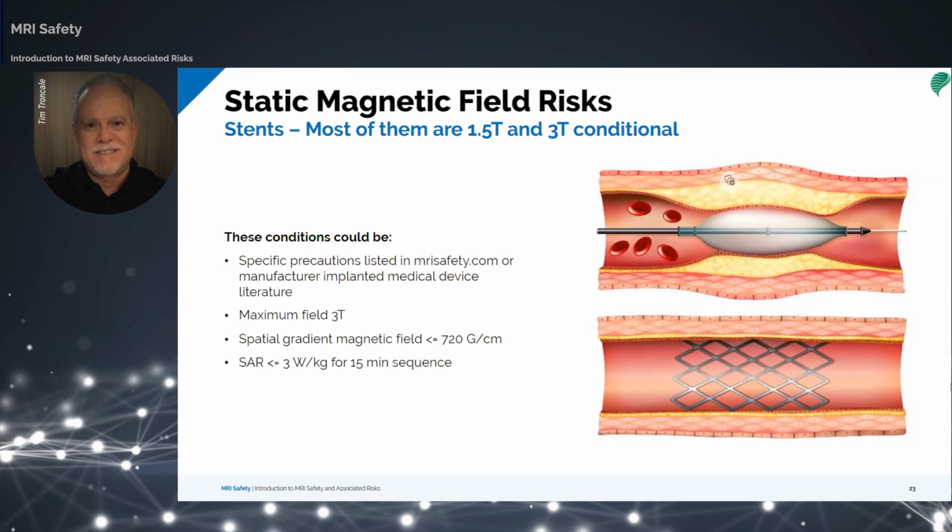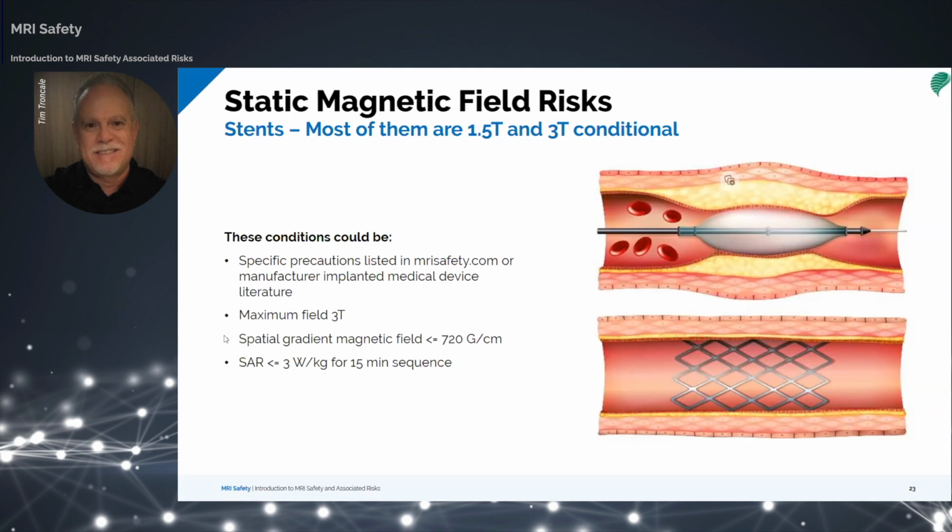As we see here, the maximum field strength for this particular stent is 3 Tesla, and the spatial gradient field must be below 720 Gauss per centimeter. And the scanning must be kept at 3 watts per kilogram for a 15-minute continuous sequence, which obviously we don't do much of anymore, so we're within the guidelines.